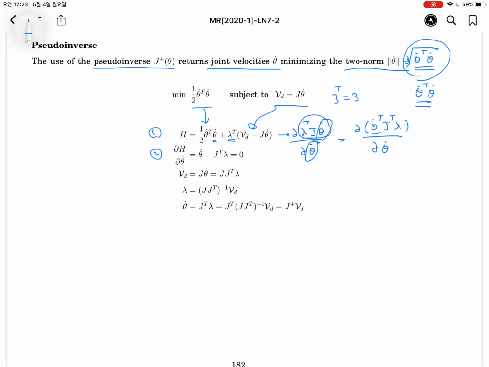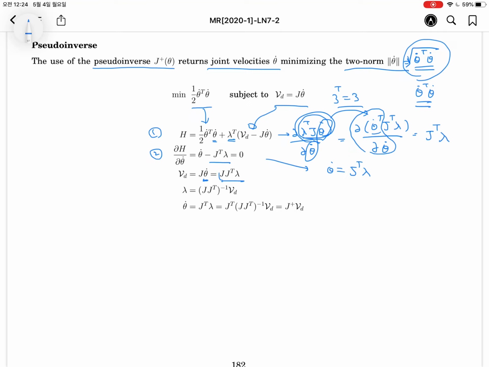Because this is a scalar, the transpose will be equal to itself. Here, round theta dot transpose round theta dot will be identity. The remaining term is minus J transpose lambda. So we have theta dot equal to J transpose lambda.